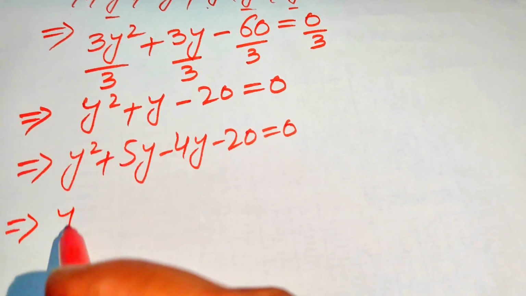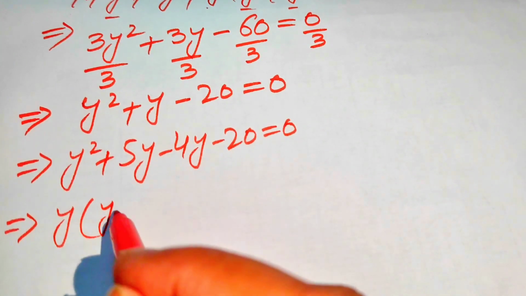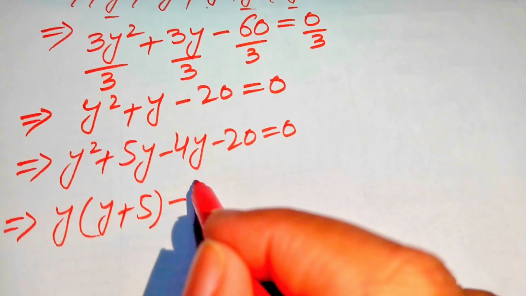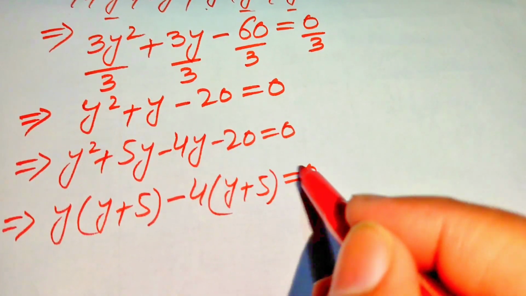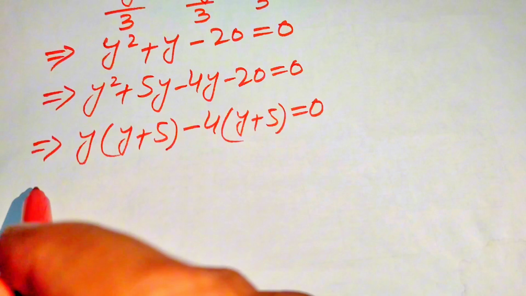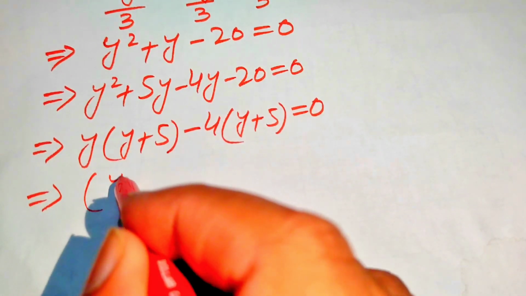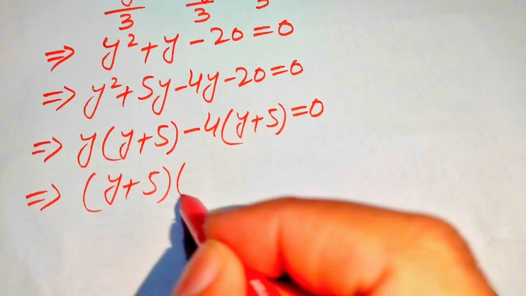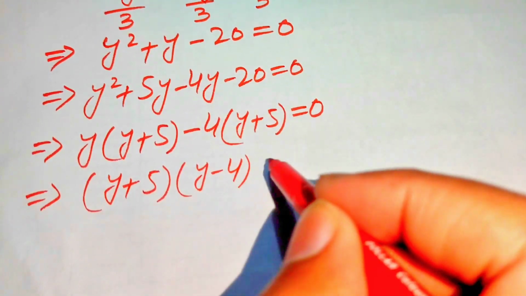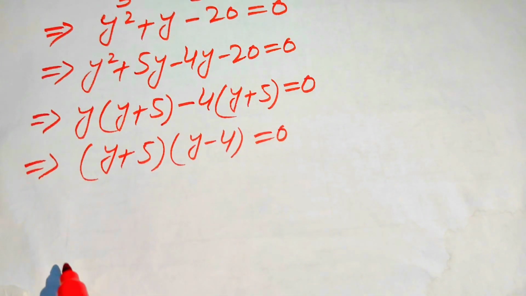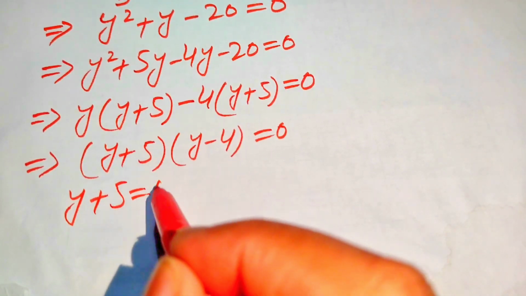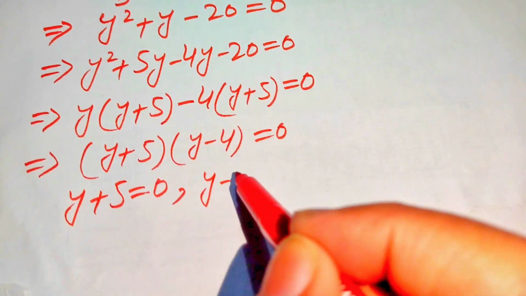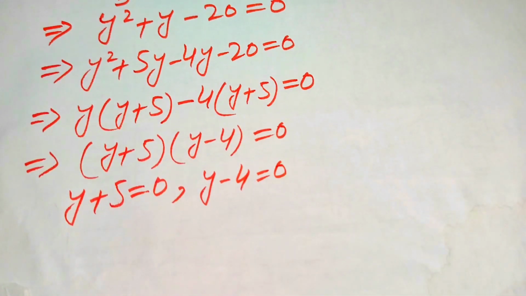We take common y from the first two terms and get y plus 5, and we take common minus 4 and get y plus 5. Now we take common y plus 5 on both terms, and we obtain (y plus 5)(y minus 4) equals 0. Now we divide this into two cases: the first case is y plus 5 equals 0, and the second case is y minus 4 equals 0.